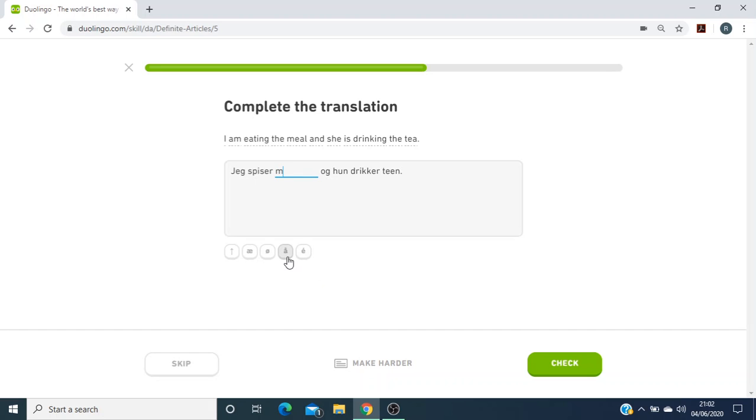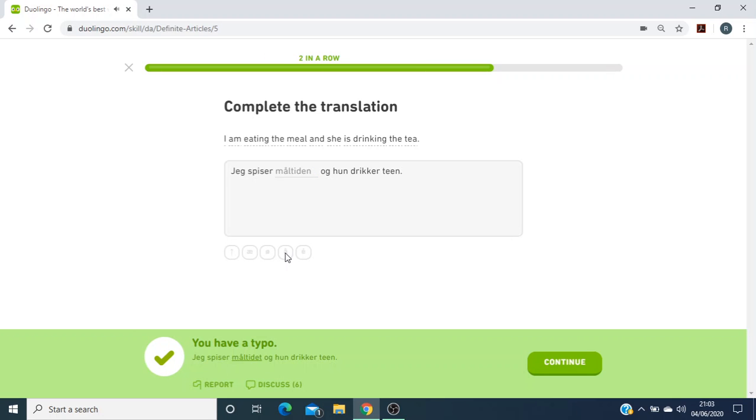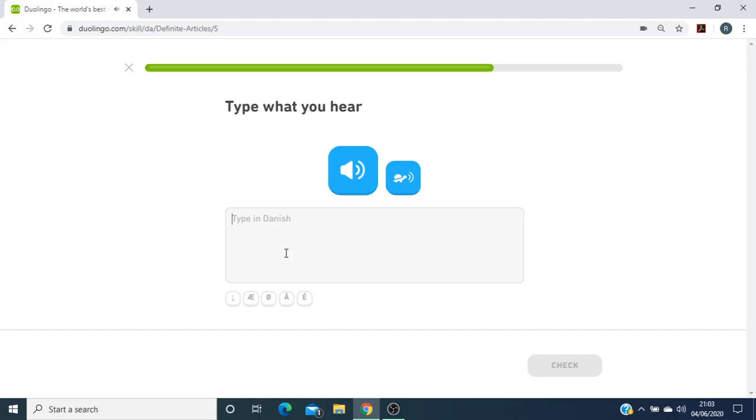That's that strange A with a little circle above it. Måltiden og. Oh, so it's måltiden with a T. Han spiser citronen.